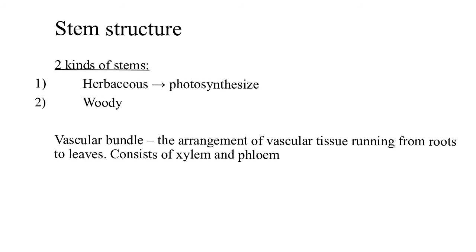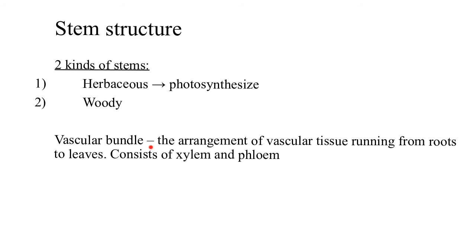Now, a piece of terminology that's important to know that you probably have already run into, and we will talk about in a minute, is vascular bundle. So again, vasculature is just the transport system in a plant. And so it's going to be carrying things like water and sugars.